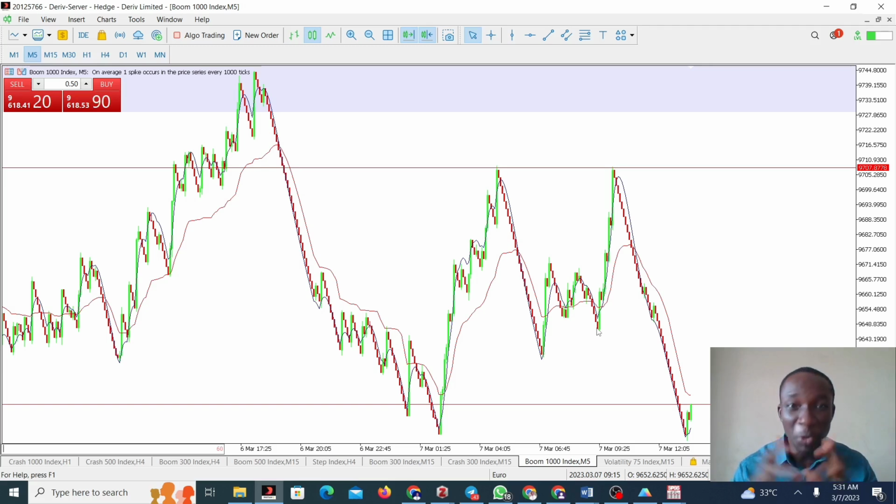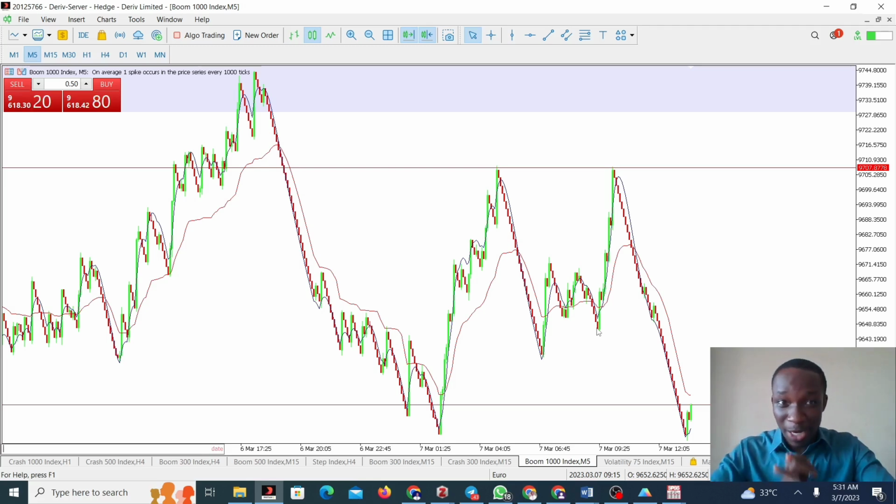Okay, now the good news also is that these classic patterns I just mentioned, they develop every now and then on synthetic indices, on boom and crash, in all time frames. That's just the good news.